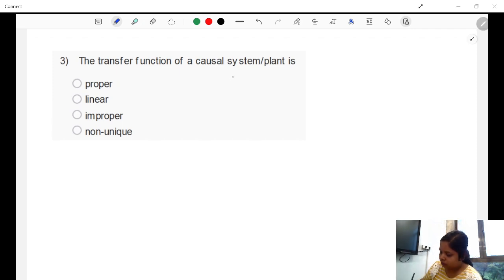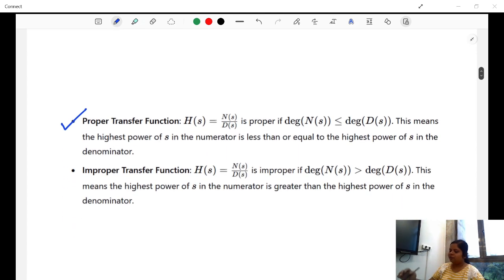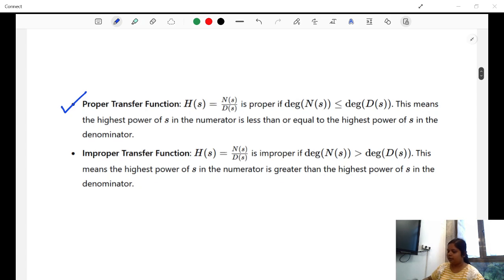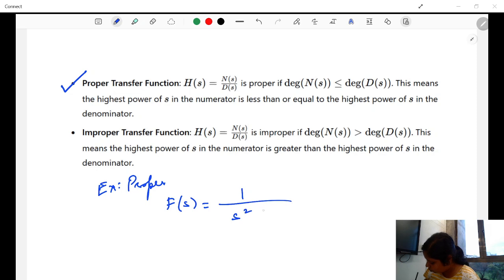Proper, madam. Yes, the answer is proper. So proper and improper transfer functions are defined here. Basically, if the degree of the numerator is less than the degree of the denominator, it is called a proper transfer function. If I explain with an example, let's say 1 upon s square plus 2.